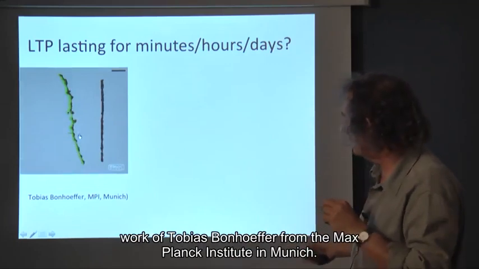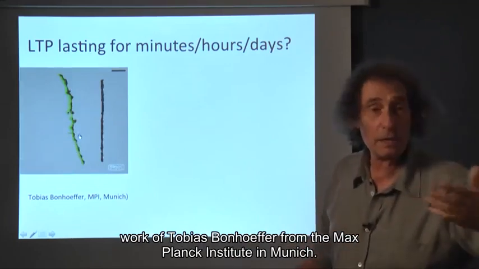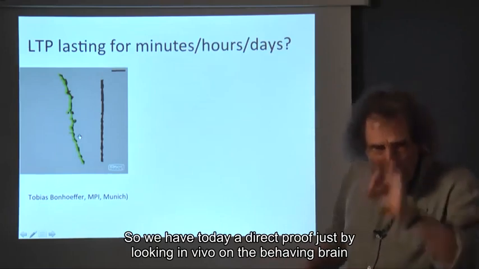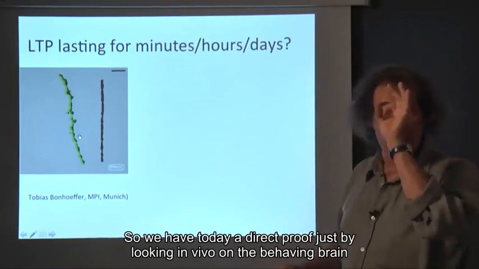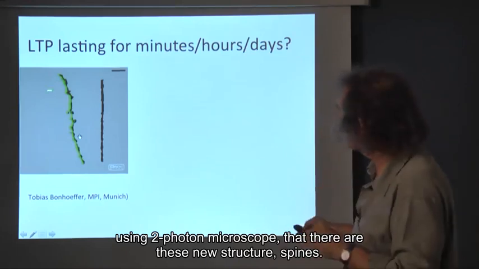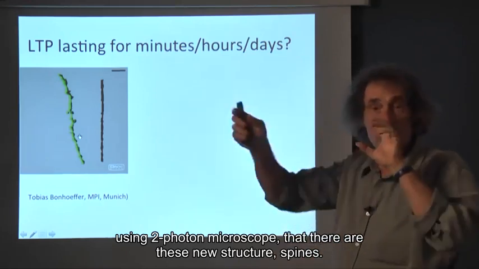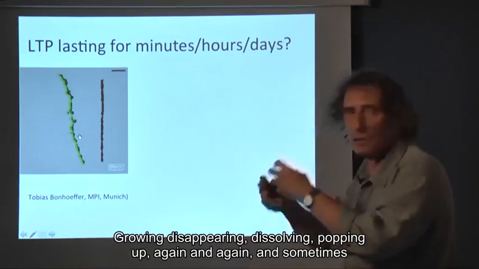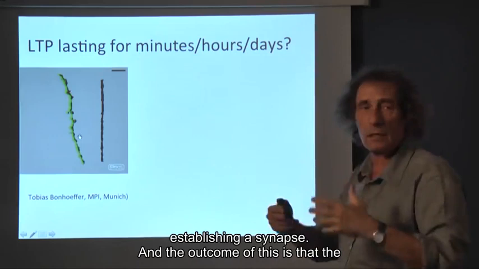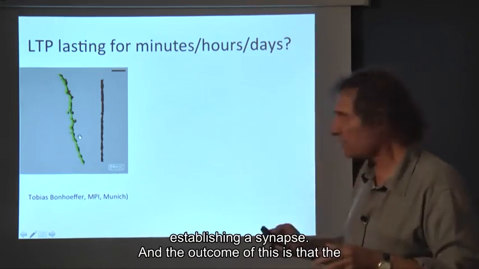This is the work of Tobias Bonhoeffer from the Max Planck Institute in Munich. So we have today a direct proof, just by looking in vivo on the behaving brain using a 2-photon microscope, that there are these new structures, spines, growing, disappearing, dissolving, popping out again and again, and sometimes establishing a synapse.